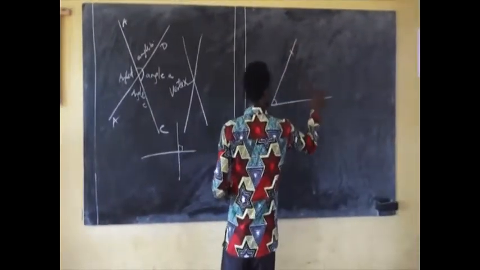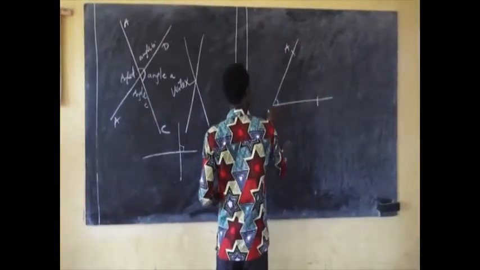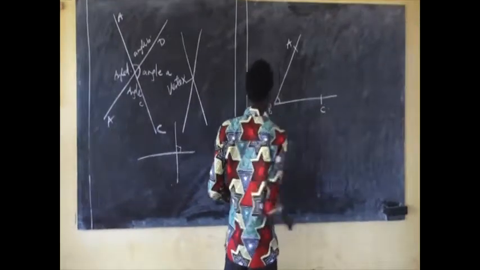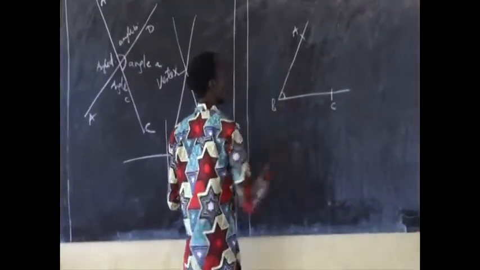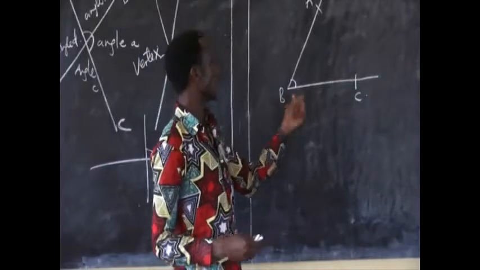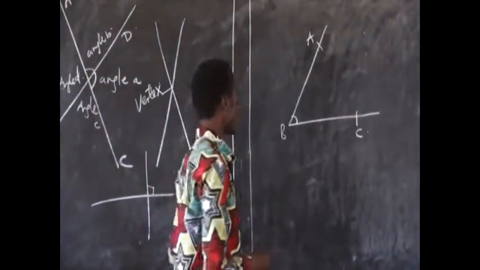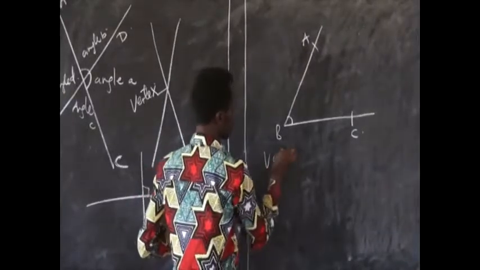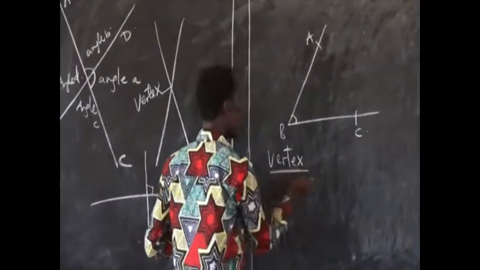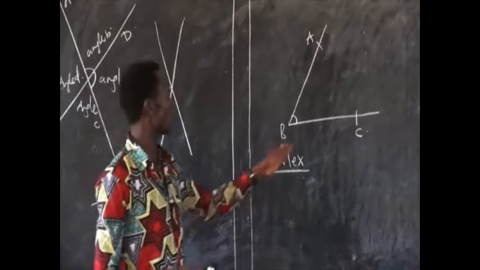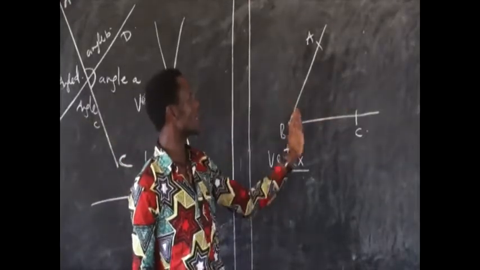Let's say this is A, B, C. The point at which the lines have intersected each other, we call the vertex. So the vertex is the point, or the place, where the lines have intersected each other.